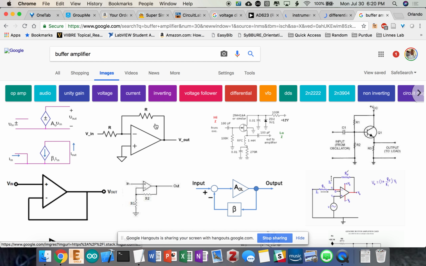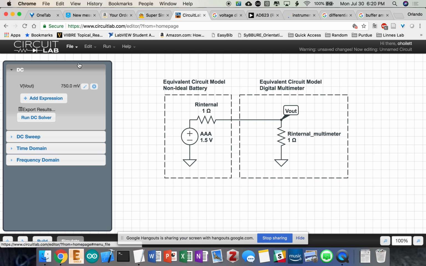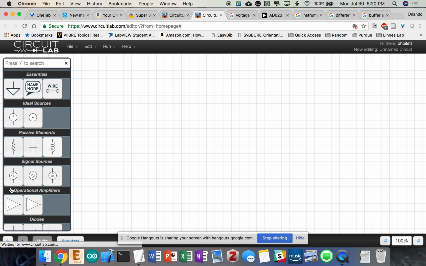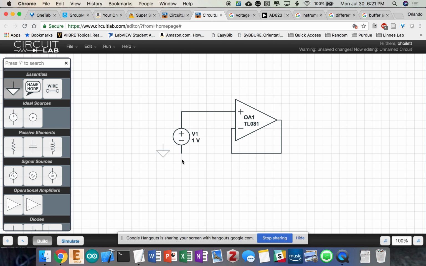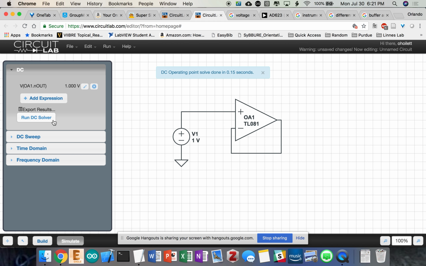With a buffer amplifier, V in is equal to V out. I'll go ahead and create one. If I have some input voltage tied to the non-inverting pin, then V out is equal to V in.